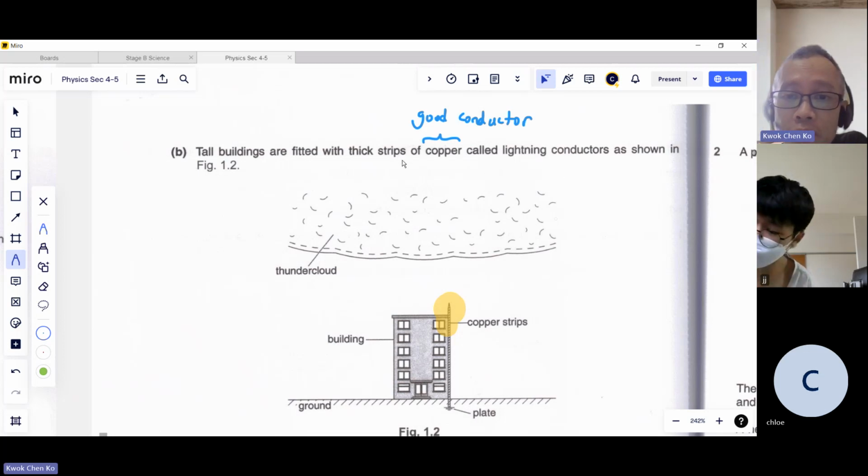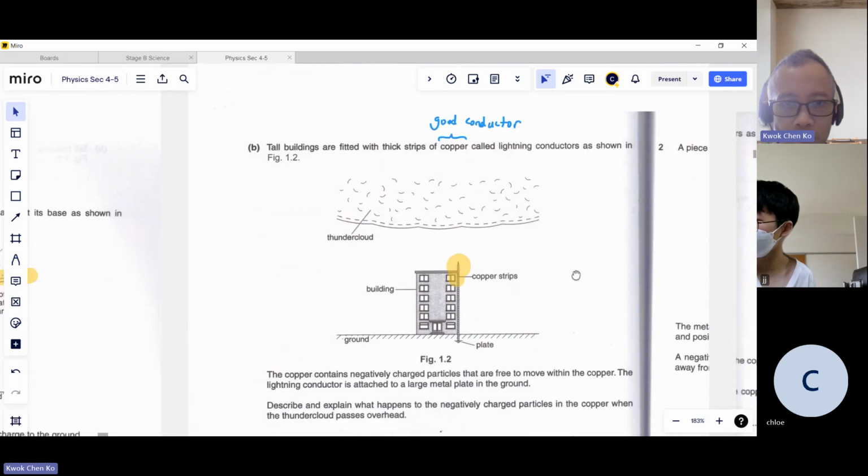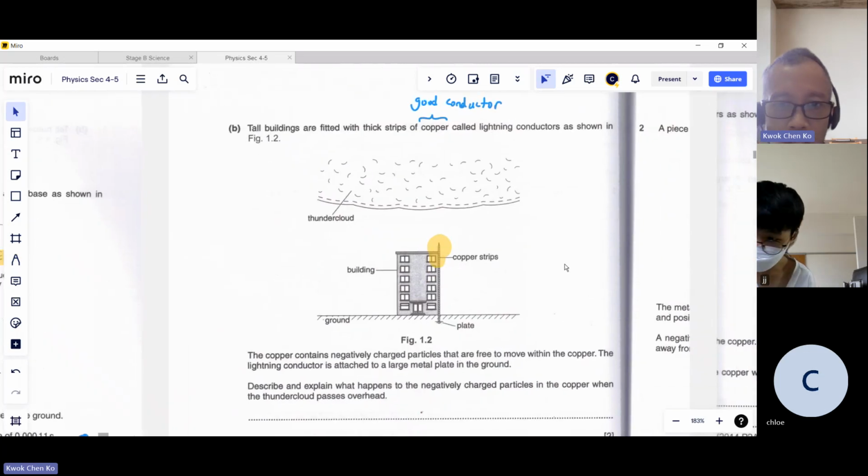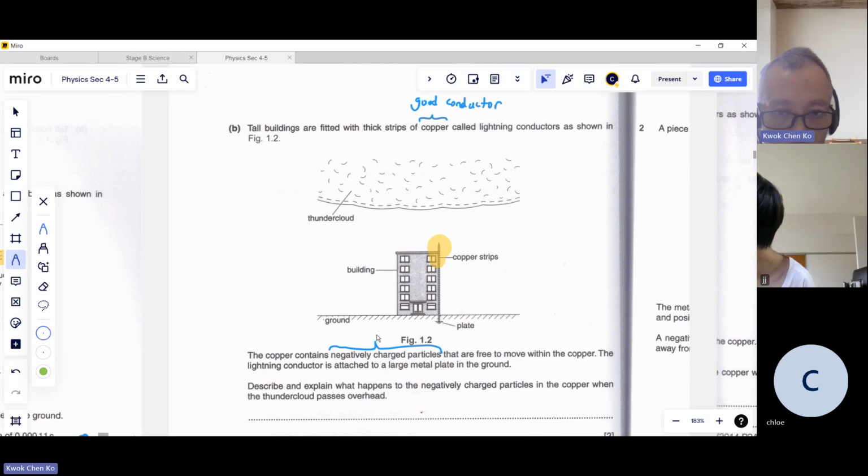Now, the other thing is, let me see, what was I going to tell you? This question mentions negative charges or negatively charged particles. Make sure you understand that they are referring to electrons.